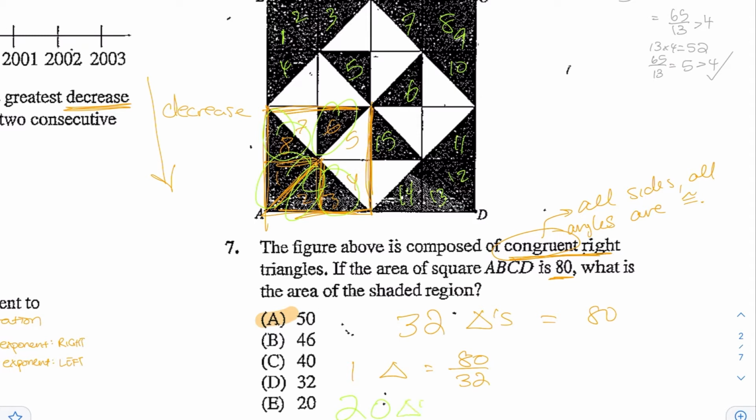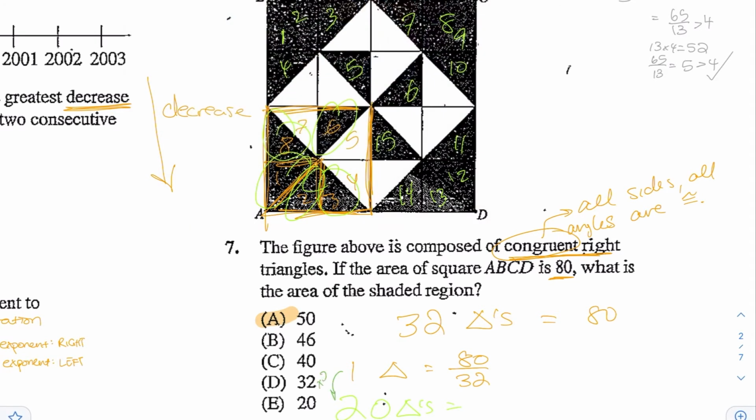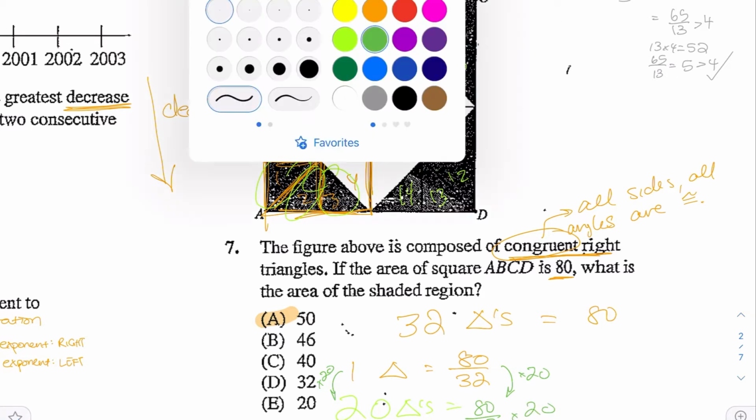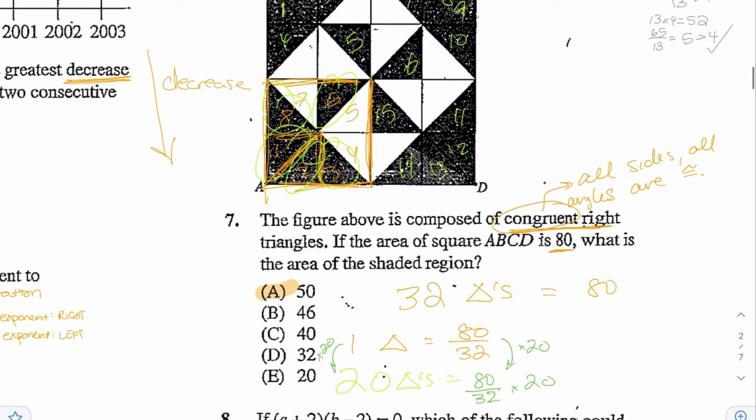So 20 triangles means that you have to multiply by 20. So that will give you 80 divided by 32 times 20. And all you have to do is simplify this. So 20 and 32 have a common factor of 4. I'll leave 5 and 8, and then 80 and 8 have a common factor of 10.